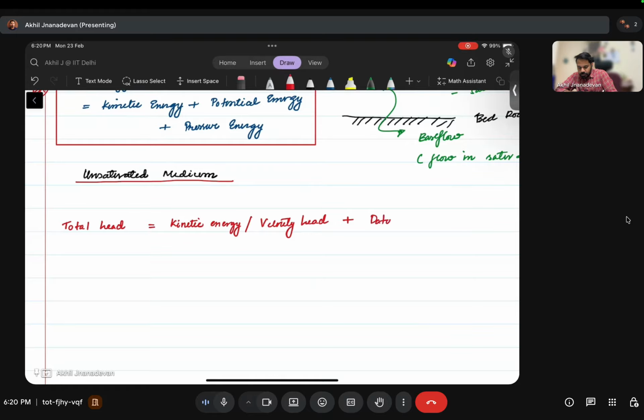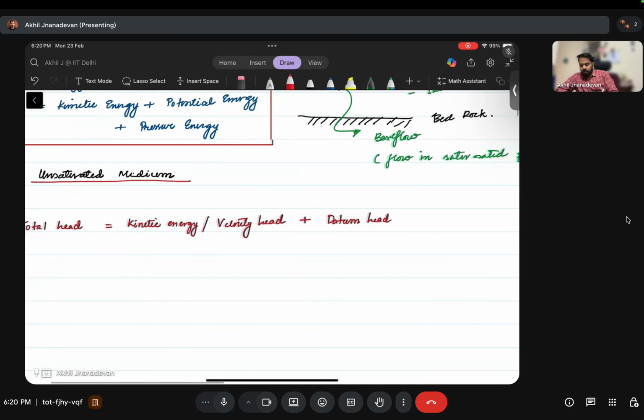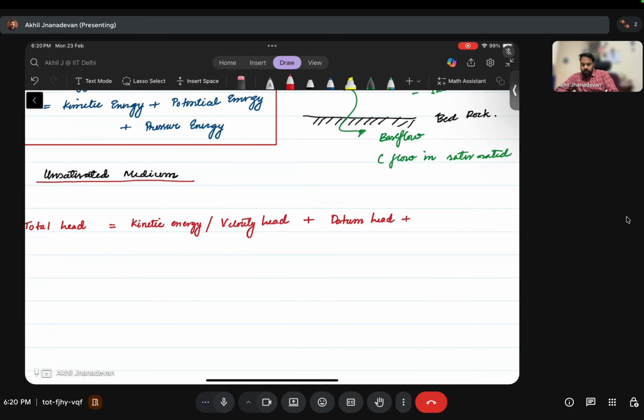Datum is nothing but a representative line about which we are measuring. The higher the elevation from the representative line, the higher the datum head. It is similar to, and represents, the potential energy. Then plus the pressure head.